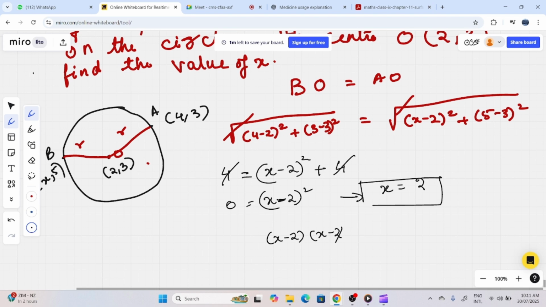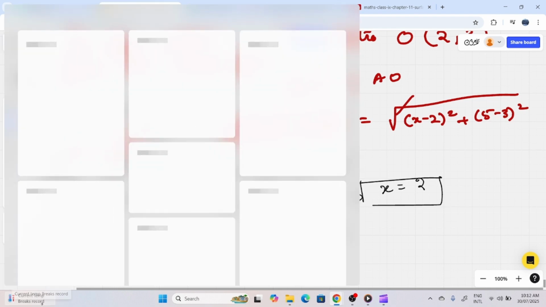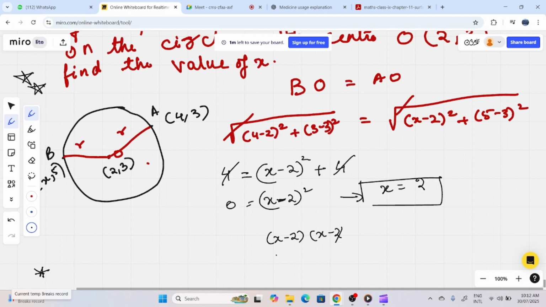This question is very important, comes mostly as an MCQ. Now kids, I want to tell you something.